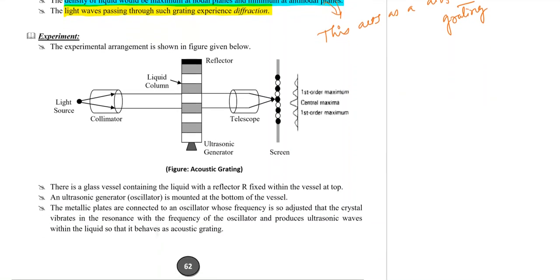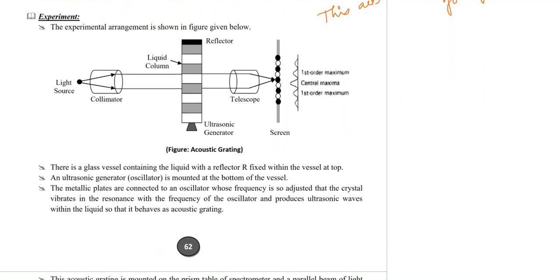This is the experimental arrangement which is used in the grating technique. This is a light source, as we discussed in our lecture earlier, so I am not discussing the entire technique. This is the node and these are the antinodes, and we get the diffraction pattern like this, in which there is a central maxima in the middle and maxima and minima on both sides of the central maxima.